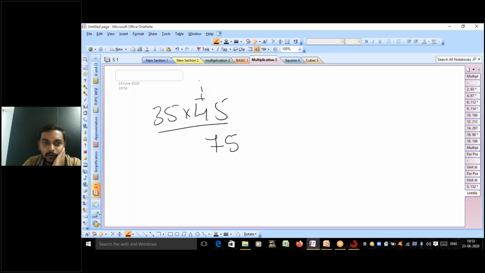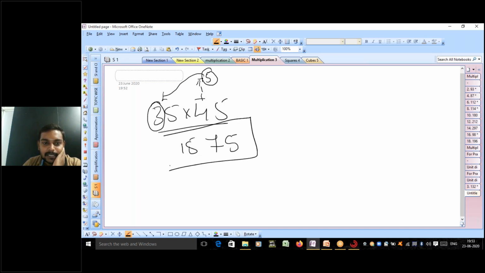Just add 1 to 4. Then we'll get 5. After that, multiply 5 with the next 10th place number. 5 into 3, which is equal to 15. So answer is 1575. You can check with your calculator. Answer will definitely be 1575.